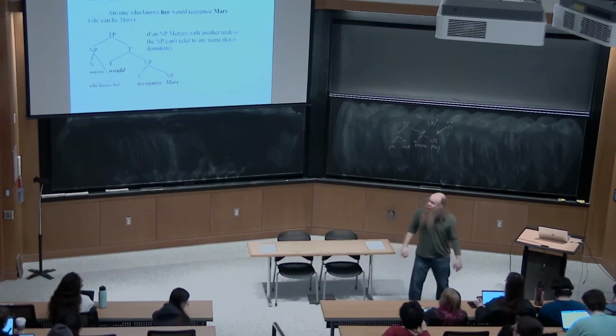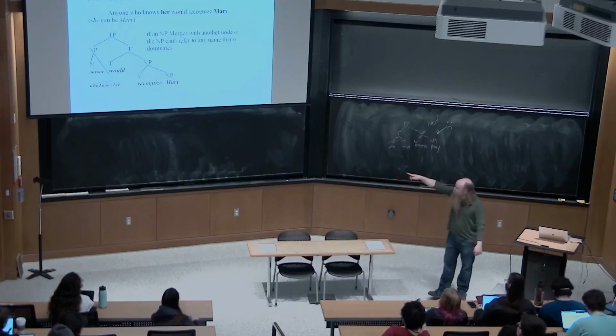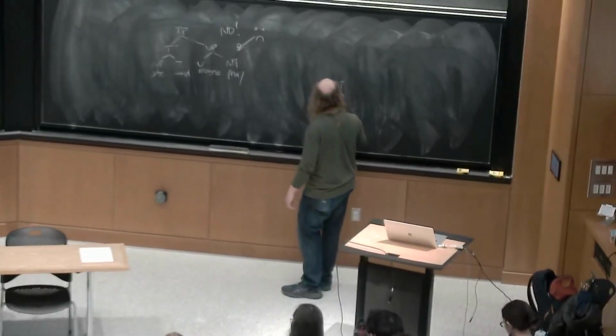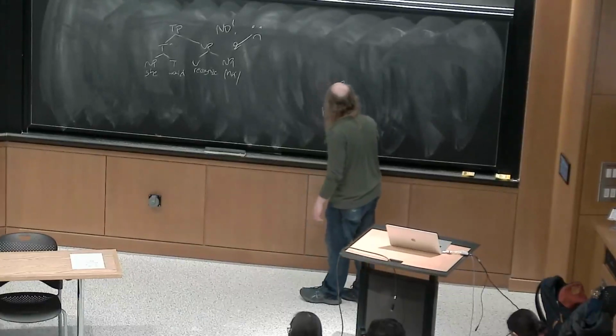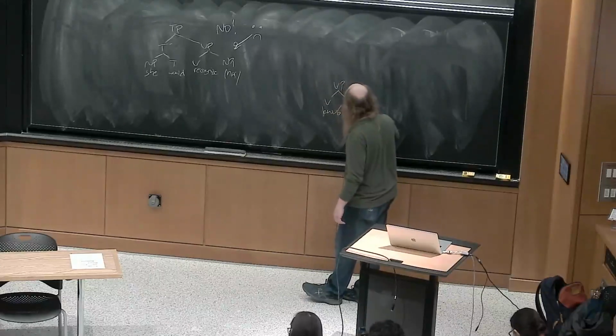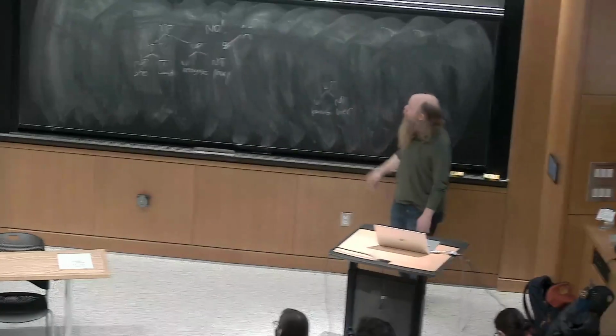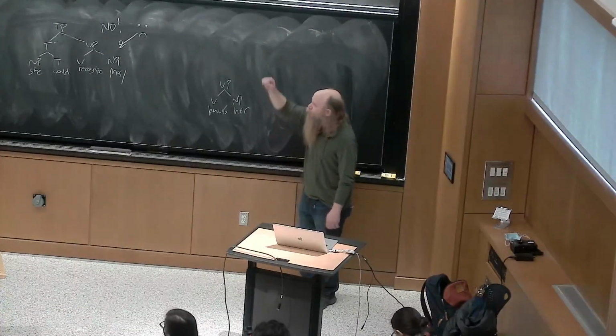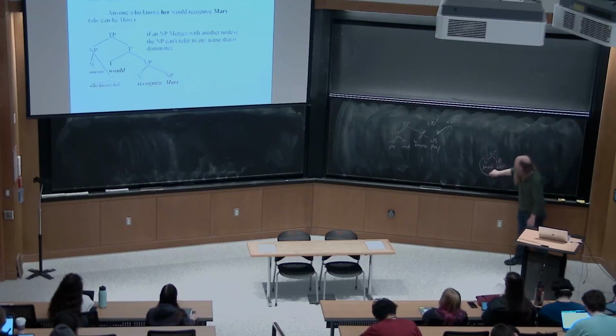And what's inside it is that pronoun, her, which got merged somewhere inside that relative clause with a verb phrase, knows, and the noun phrase, her. So if we ask, what was this noun phrase merged with? Well, it definitely wasn't merged with T bar. It was merged with something inside the relative clause. It was merged with this verb.